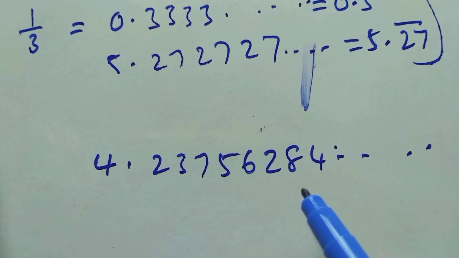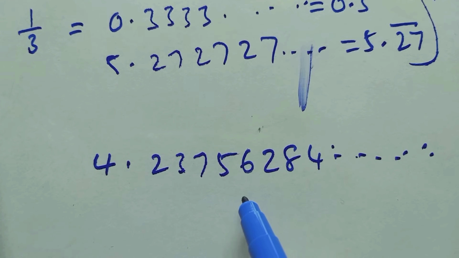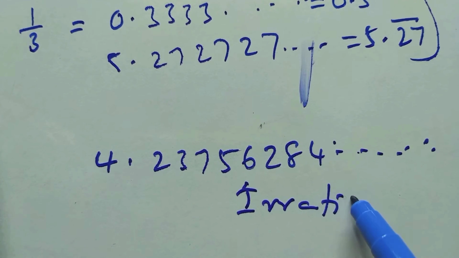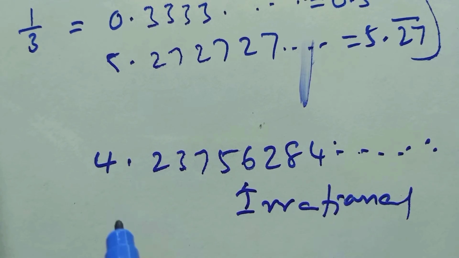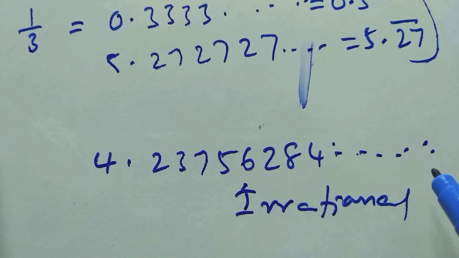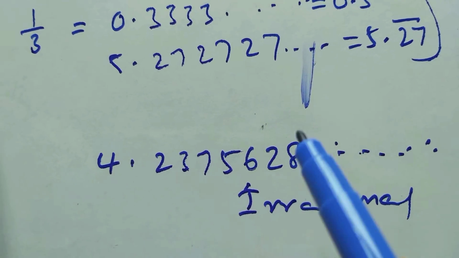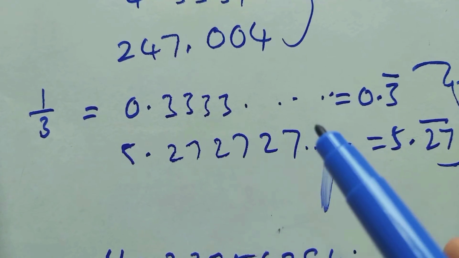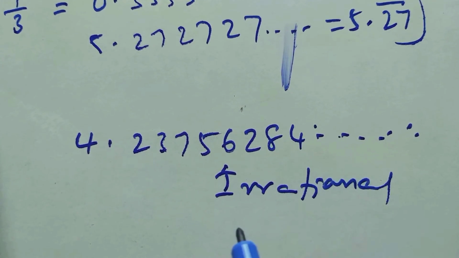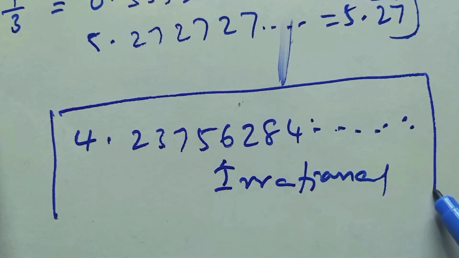Non-repeating infinite decimal numbers are irrational numbers. Decimal numbers with infinite digits without repetition are irrational. Infinite digits with repetition are rational, and non-repeating ones are irrational. So these are the decimal-type irrational numbers.